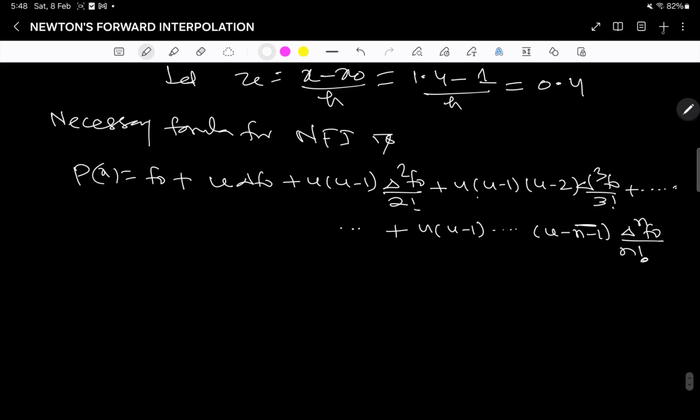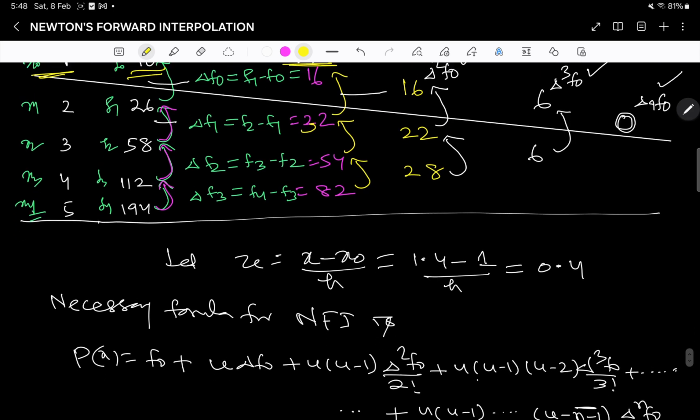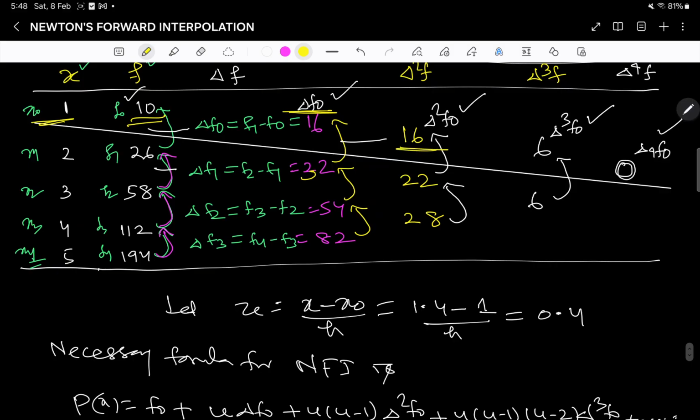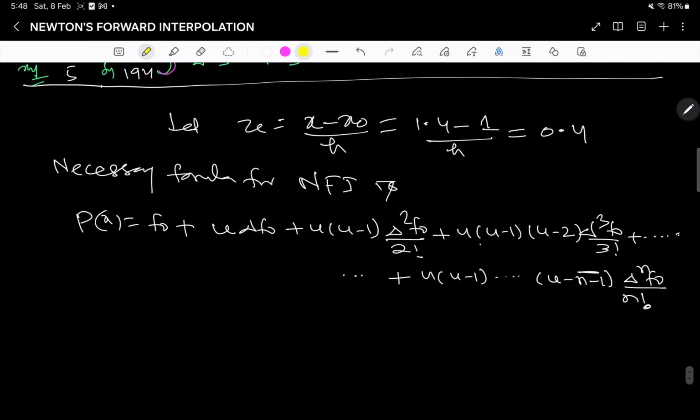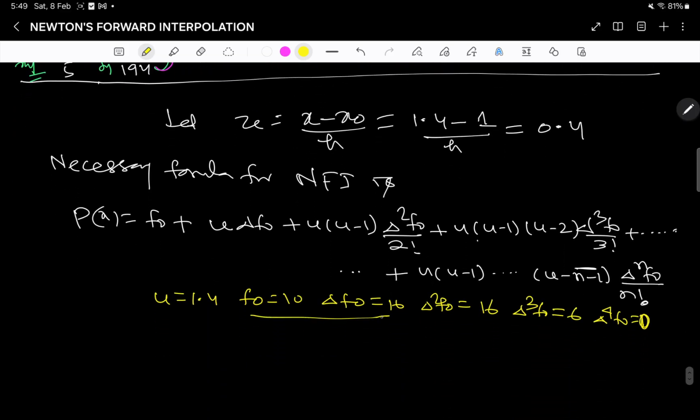Now we substitute the values. You see the f0 value is 10, x0 value is 1, del f0 is 16. Likewise we substitute del square f0 is 16, and all this here. You see from the table I have this information, so now I substitute all this here.